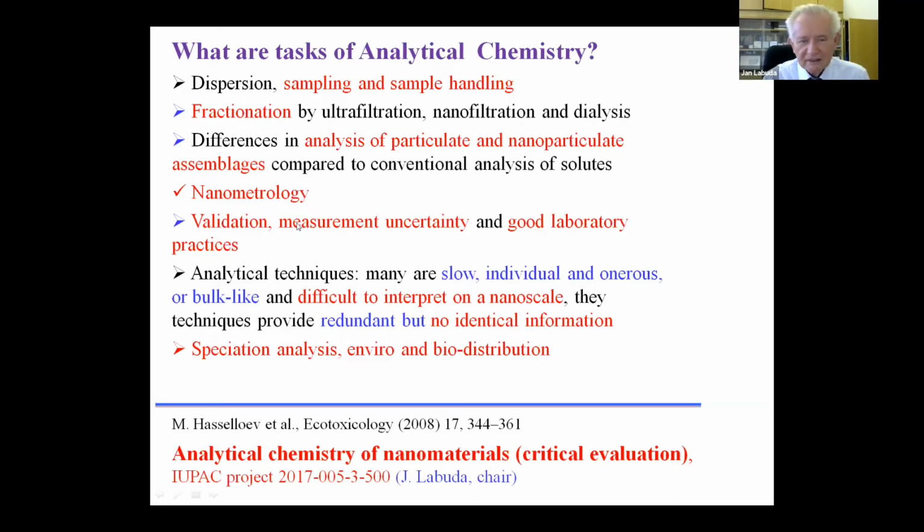Validation and determination of measurement uncertainty together with the results is typical for the molecular level of analytical chemistry, but should be developed also for nanoscale. I have mentioned complex matrices, species analysis, environmental and biological distribution of nanomaterials, which are topics that become really important, particularly from the point of view of end users and the human community.